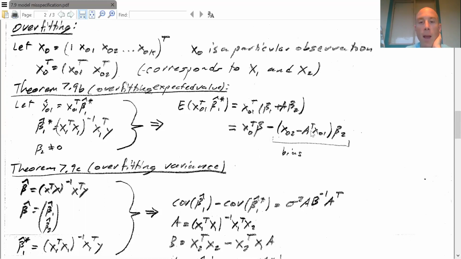Then I can rewrite this using the formulas from previous, and we can see that we get what we want plus some junk over here. So this gives me a representation of how my expected value will be off when I overfit. So we can see that there's going to be a problem on our predicted values.